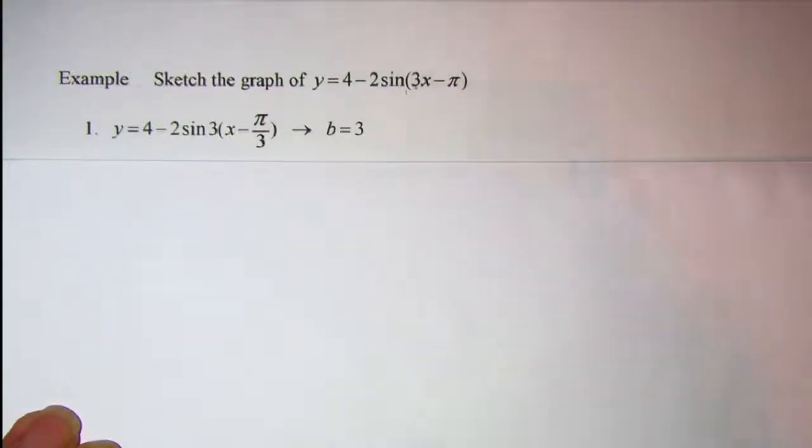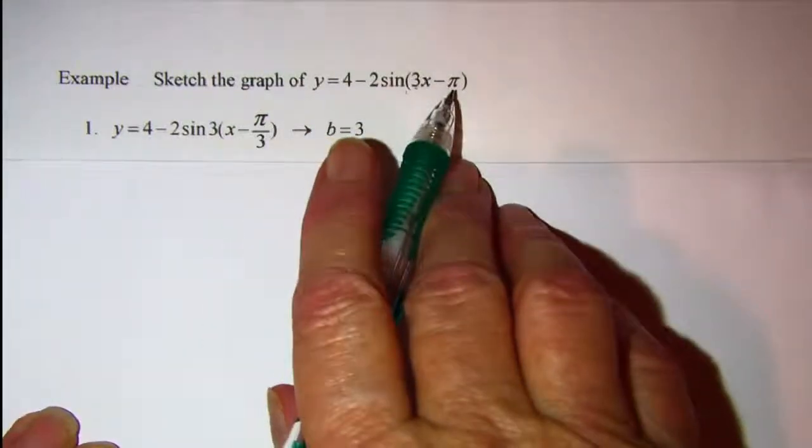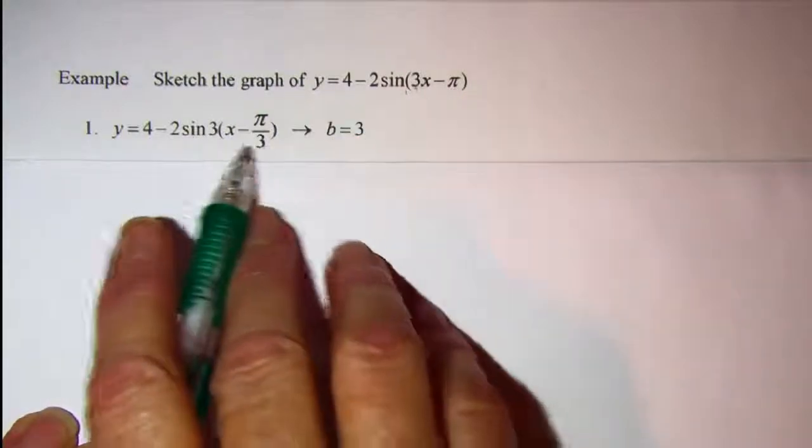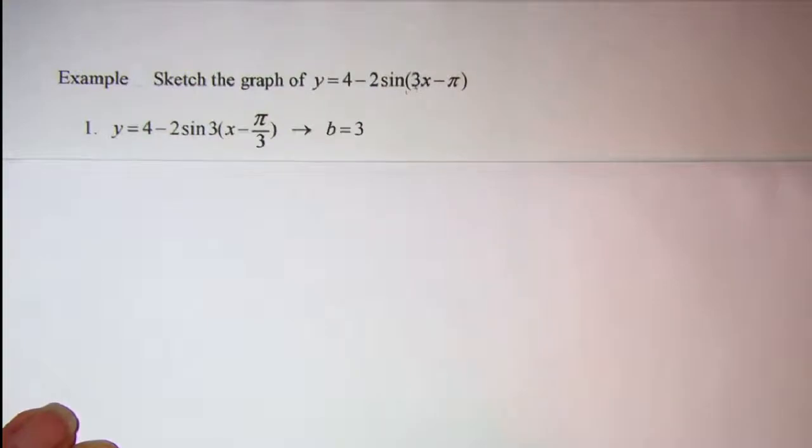Now the b won't change anything, but you'll notice that it does change the d value, so that our d now is pi over 3. So that was step 1.